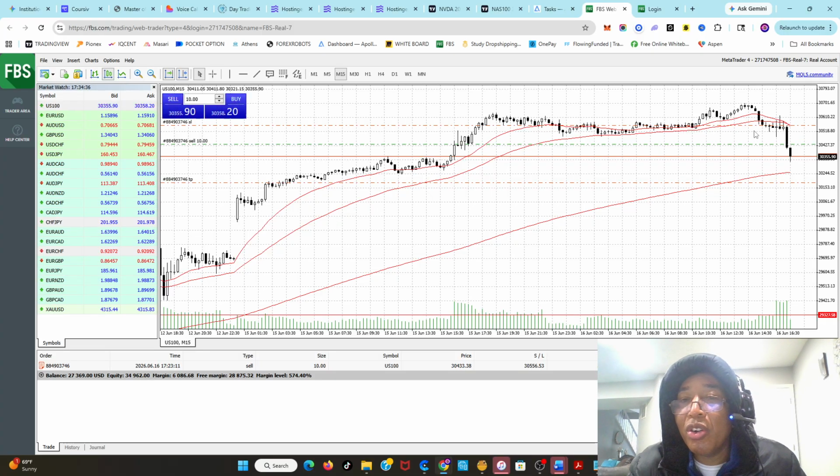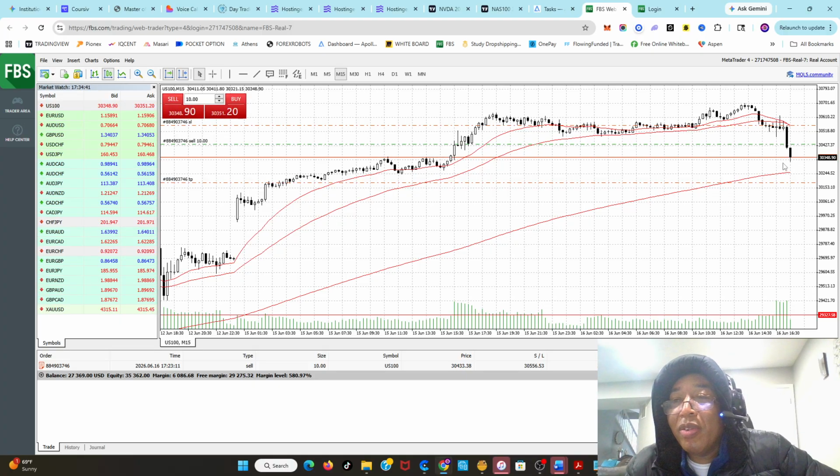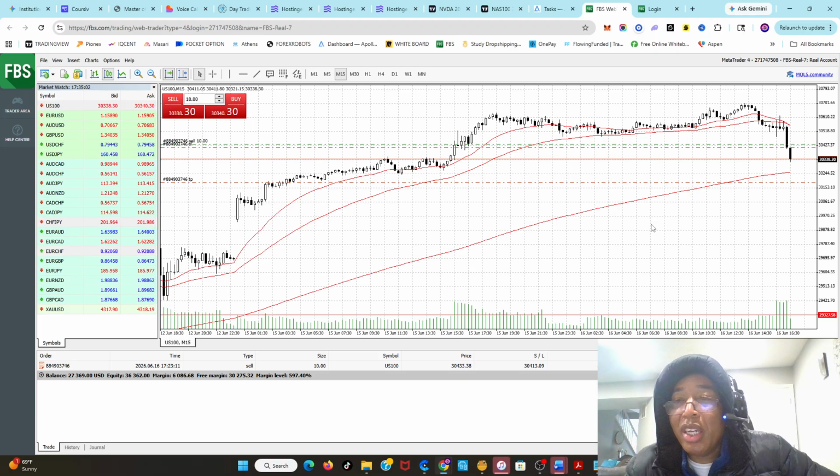We can move our stop loss to break even, or we just leave it there for now. Yeah, just move the stop loss to the top of that bar, so if it comes crashing back, it doesn't kick us out. It doesn't obliterate this. These are very tiny accounts, so we're going to try to save this account as much as we can.